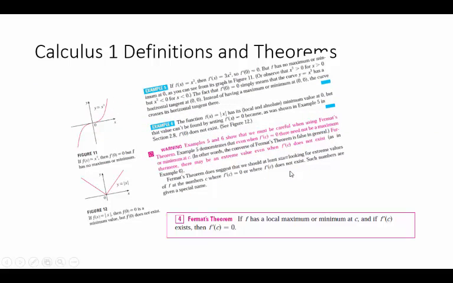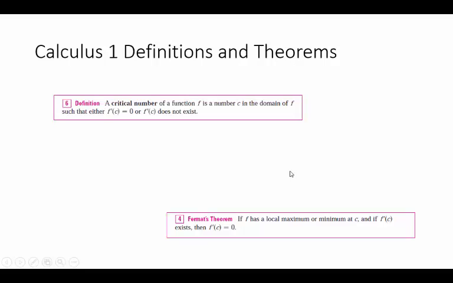In fact, there are a couple of examples. One in particular, the x cubed function, has the first derivative at 0 equal to 0, but it's neither a max or min. And so there's that appropriate warning. What is important about Fermat's theorem is that it's looking at the first derivative when the first derivative is equal to 0. That's a good place to start.